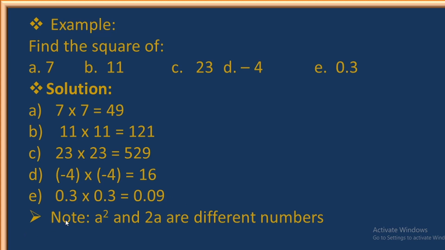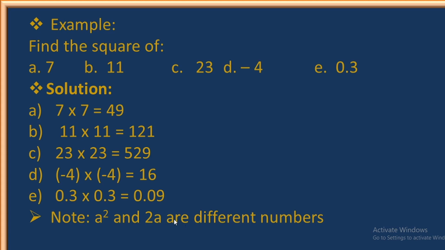Some students think a square means a plus a, or sometimes they make it 2 times a, but it is quite different. It does not mean a plus a or 2 times a. a square means a times a. So a square and 2a are very different numbers.